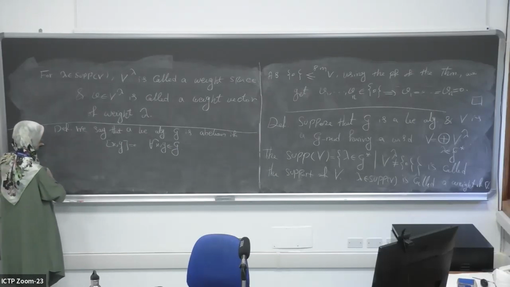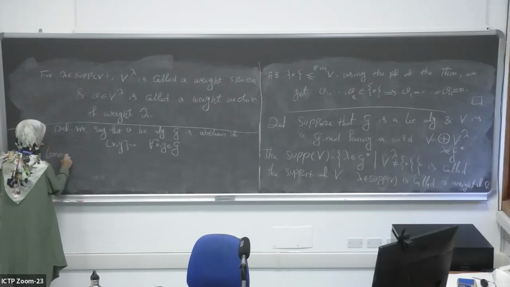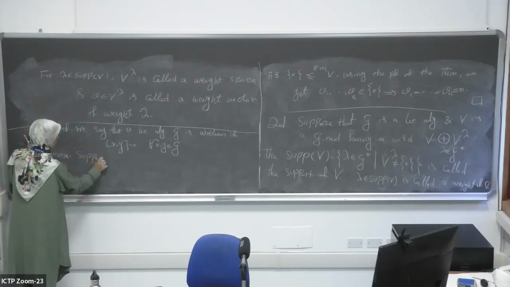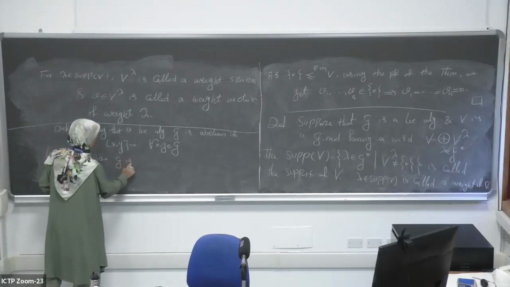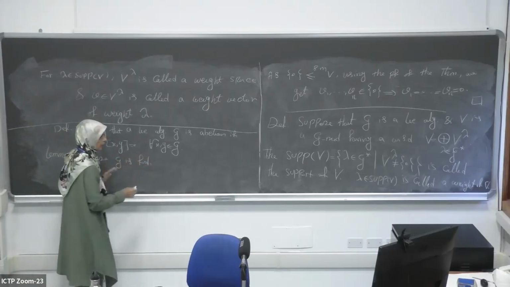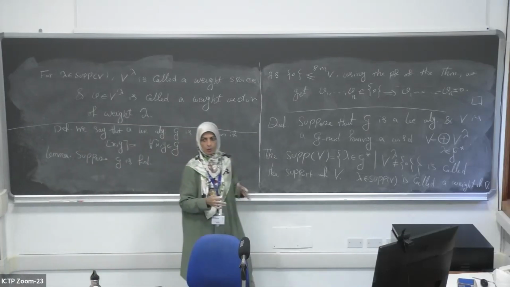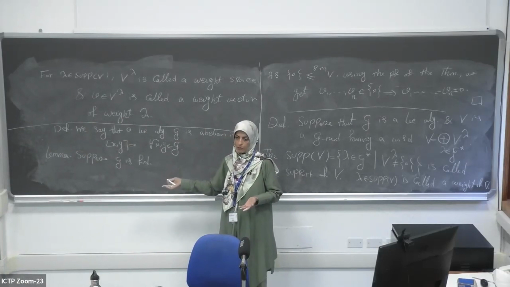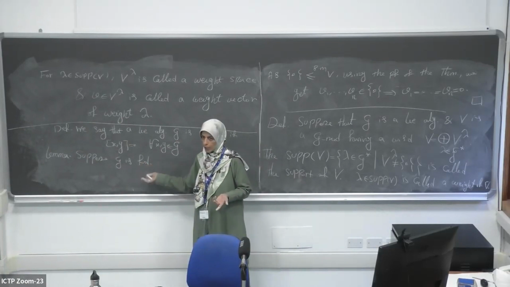And we have a lemma. Suppose G is finite dimensional. You know, each Lie algebra, or each algebra, is a vector space, so we can talk about the dimension.